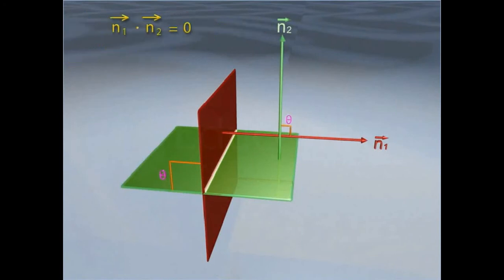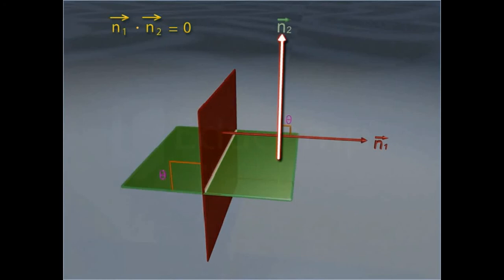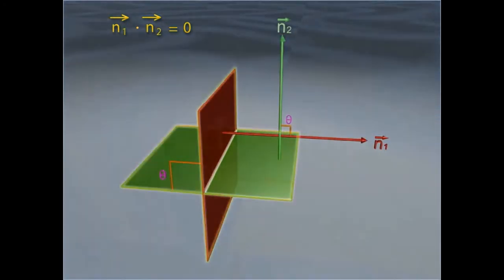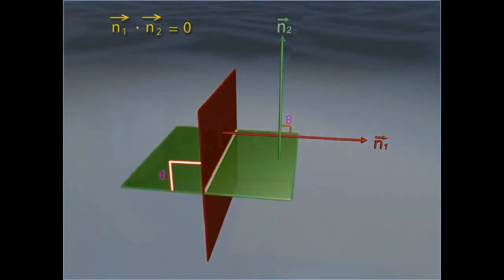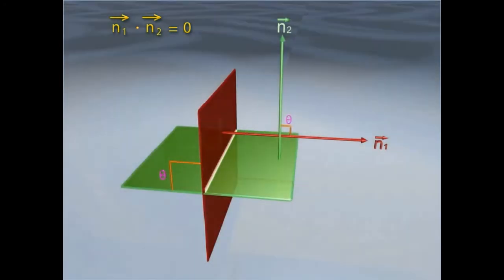This helps us to conclude that if the dot product of normals n1 and n2 is 0, then the planes are perpendicular to each other, as the angle between the two planes is defined as the angle between their normals.